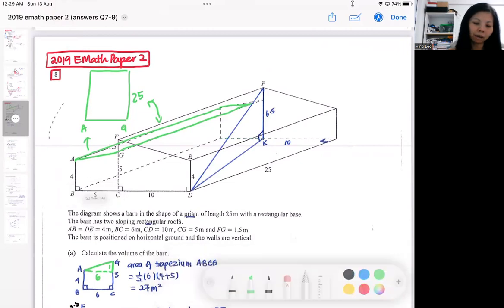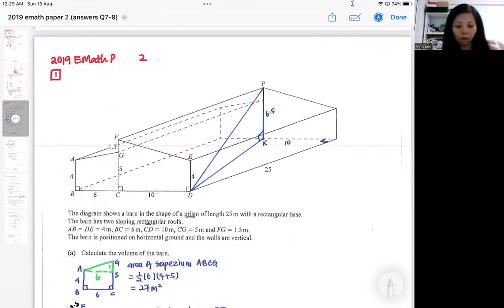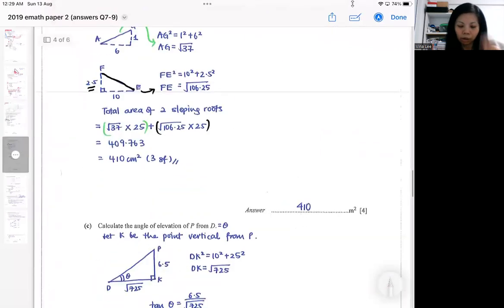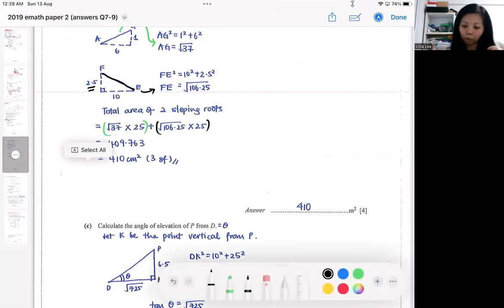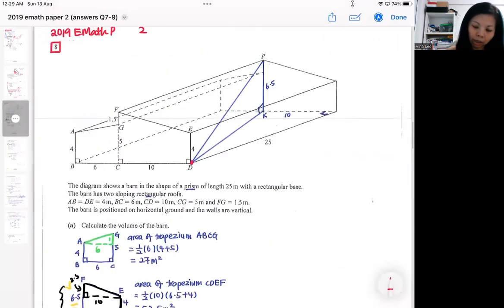The most difficult part is the angle of elevation. If you look at the question, it is the angle of elevation of P from D. You are projecting from D to reach P. So look from D and you are looking up.